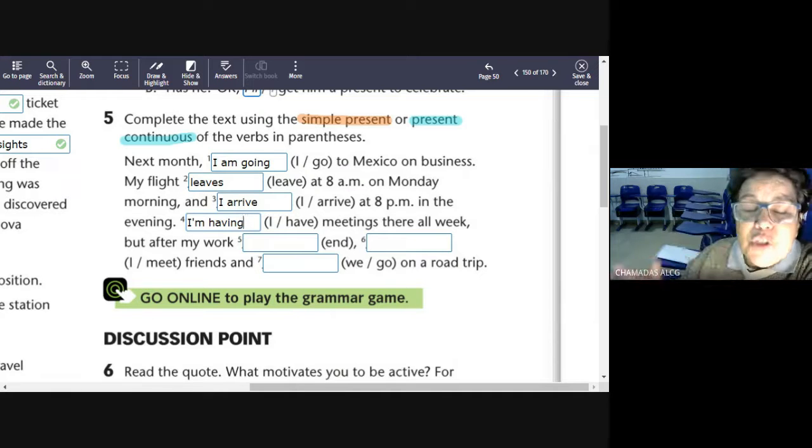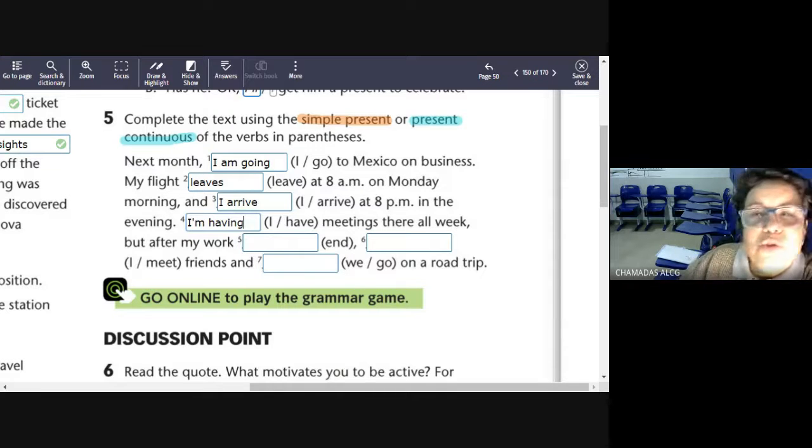Because if we are using the verb have as possessives, like I have a car or I don't have a car, I can only use the simple present, okay? So when I use the verb have with the idea of possession, I can only use the simple present, okay?